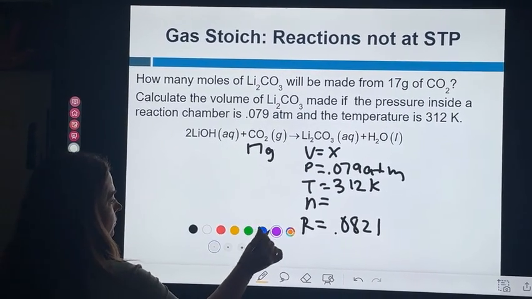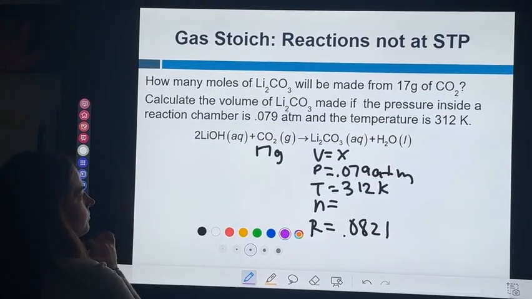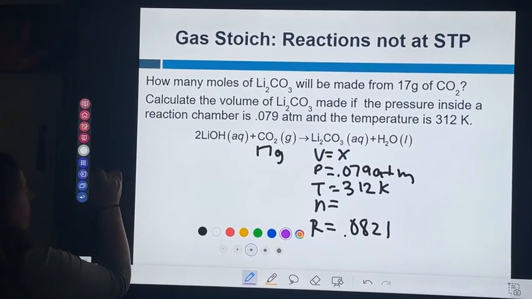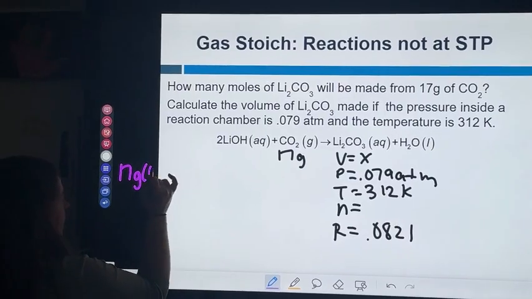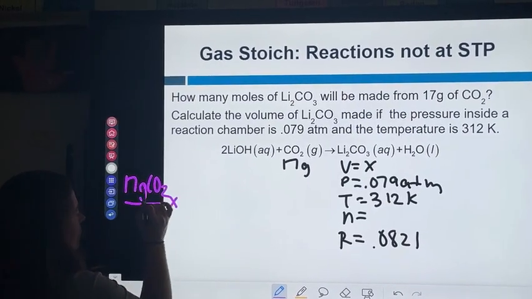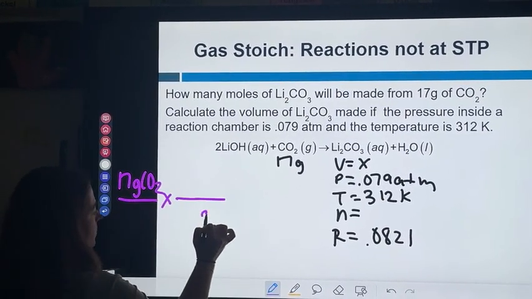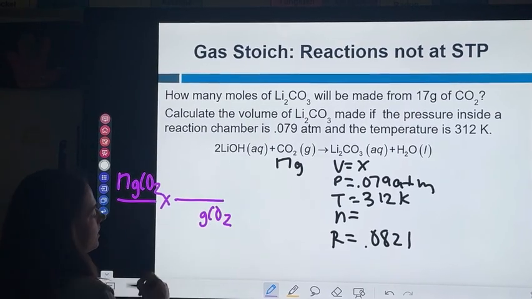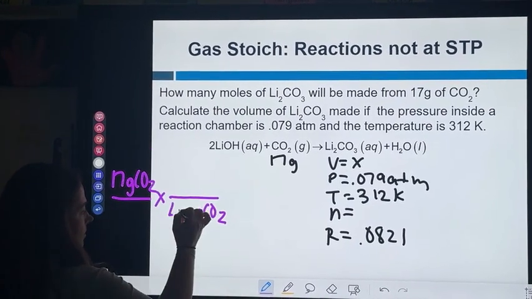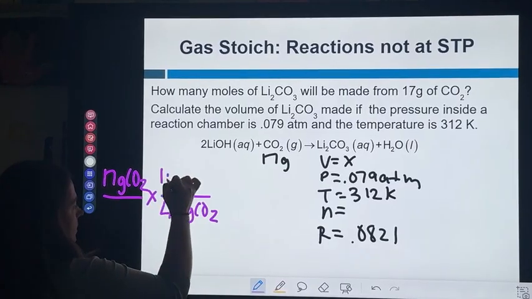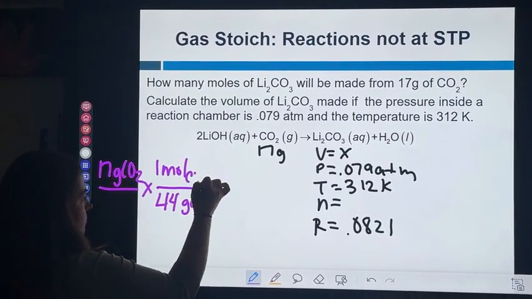I'm going to change colors just so I have some room and can write in the black. I'm starting with 17 grams of carbon dioxide. I have grams of CO2 at the top. I know I need grams of CO2 at the bottom. This number comes from the periodic table. It is 44. It is equal to 1 mole of CO2.